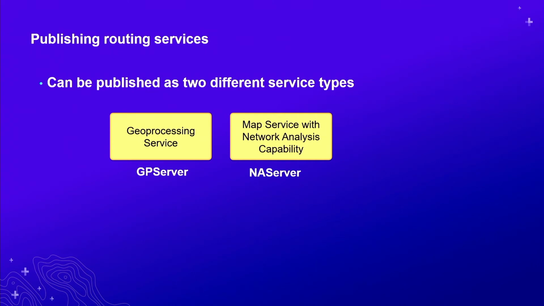In the REST API and throughout the user interface, like in ArcGIS Server Manager or ArcGIS Services Directory, you would often see geoprocessing services referred to as GP server and map service with network analysis capability referred to as NA server. Just want to put out those 2 terms so that when you are looking at the documentation, you can make this connection between GP server and a geoprocessing service, or NA server and a map service with network analysis capability.